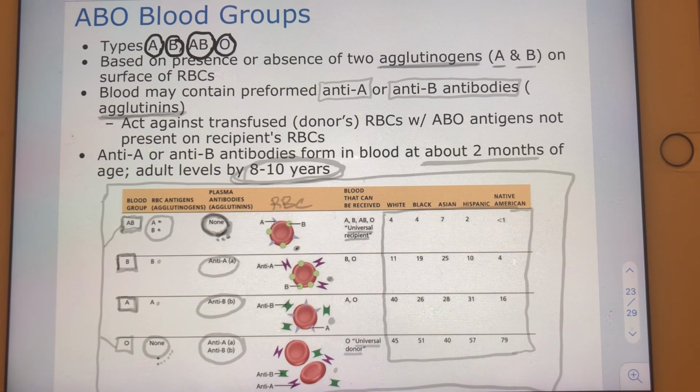They are based on, again, whether or not the antigens, the agglutinogens A and B, or I can even say A or B, are being worn by red blood cells.